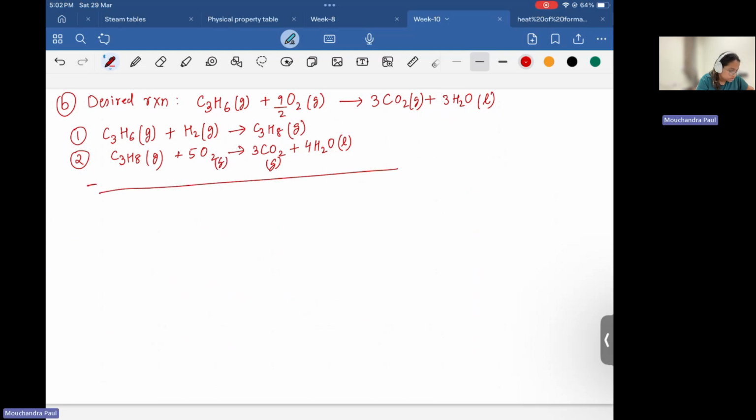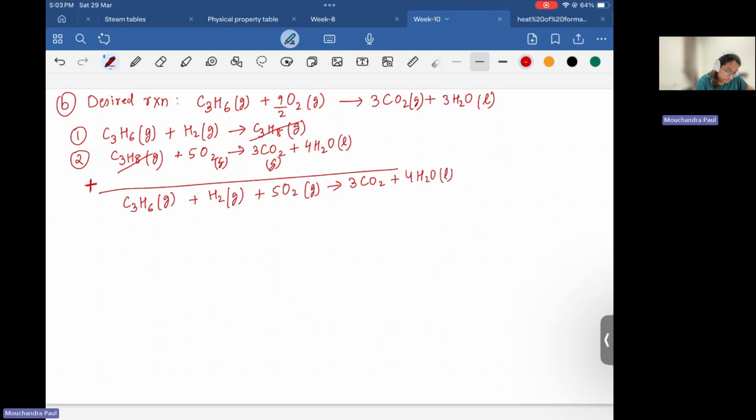If we do an addition, then these two C3H8 will get removed. And what we should get? We should get C3H6 gaseous state plus H2 gas plus 5O2 gas gives 3CO2 plus 4H2O.